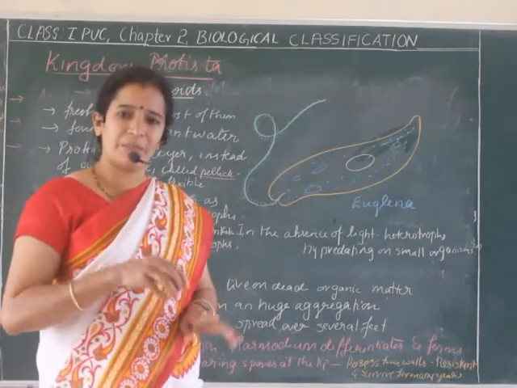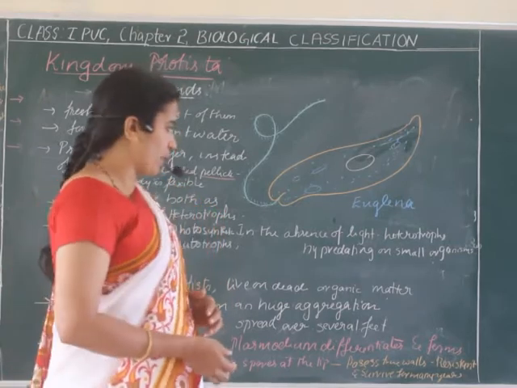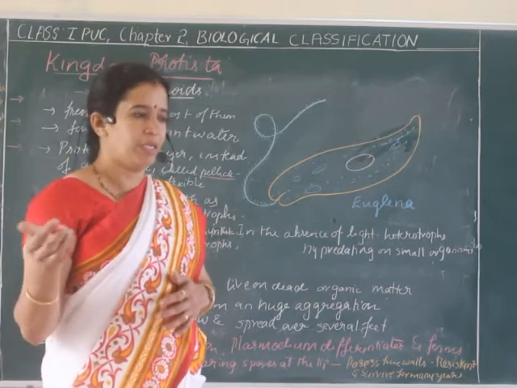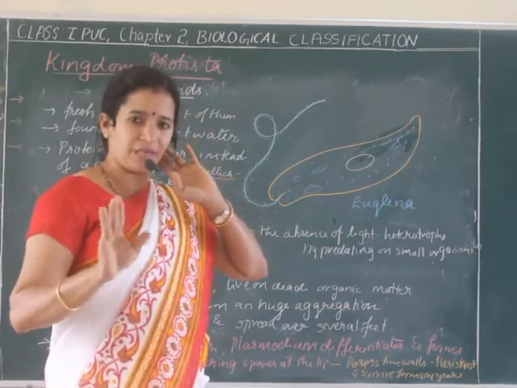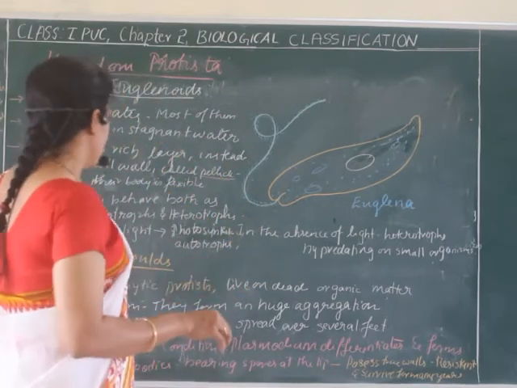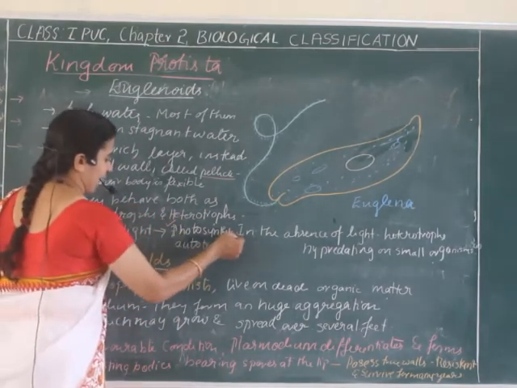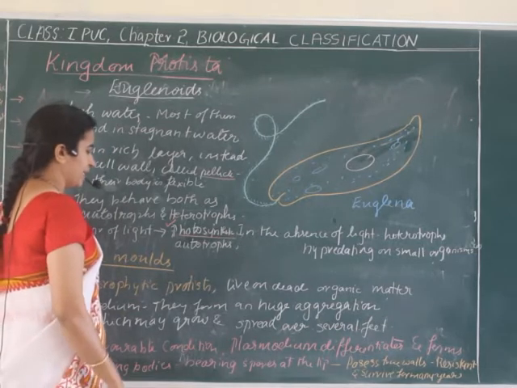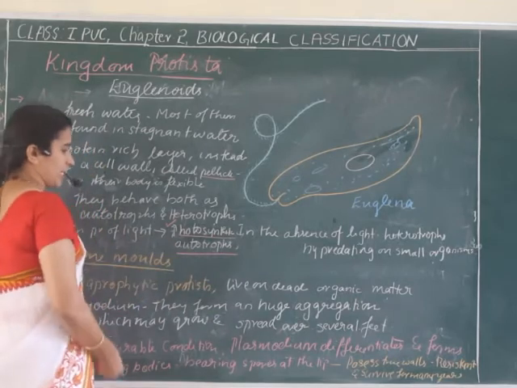Some of them can be photosynthetic protists, some heterotrophs. Unlike other groups, such as animals and plants, where organisms behave either as plant or animal, these protists have mixed characters. In the presence of light, they can act as photosynthetic organisms. They can synthesize their own food and can be called photosynthetic autotrophs.